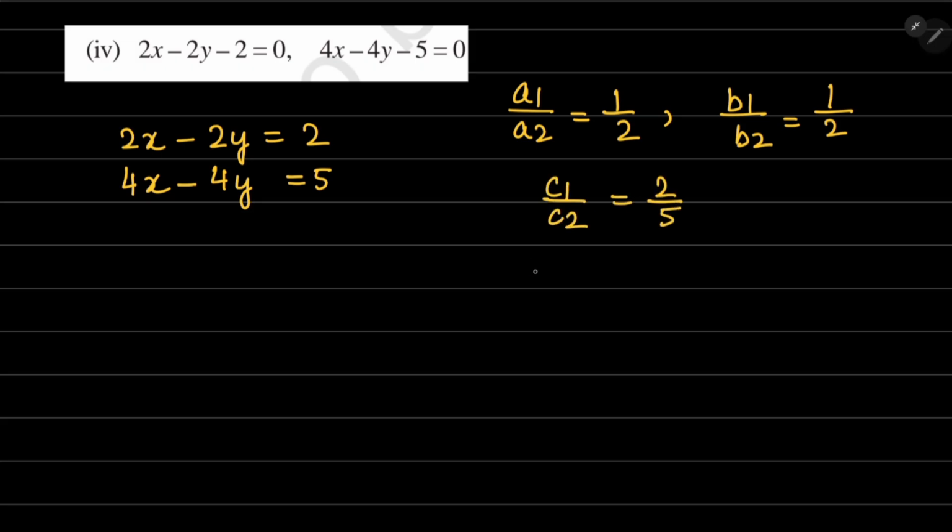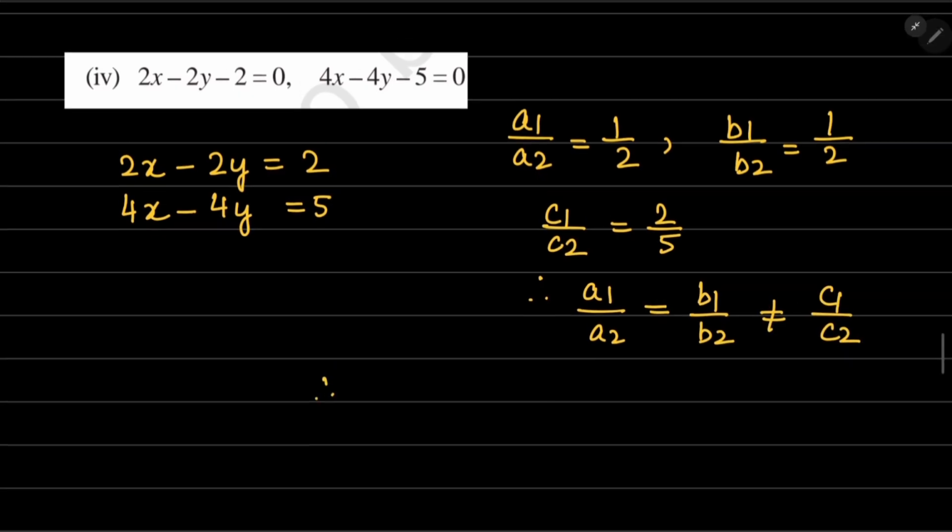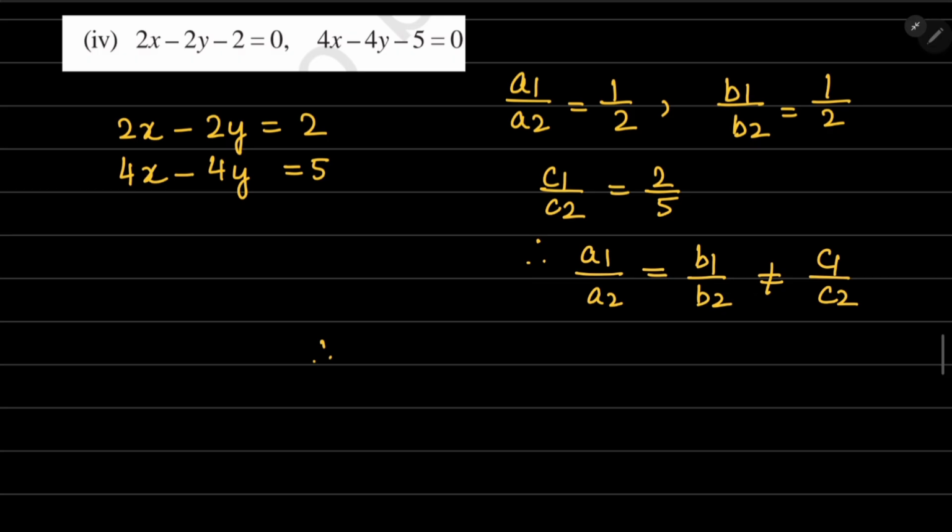So what do you get here? Therefore, you will get that A1 by A2 is equal to B1 by B2, but this is not equal to C1 by C2. So therefore, here it is inconsistent. Okay, here the system is inconsistent.